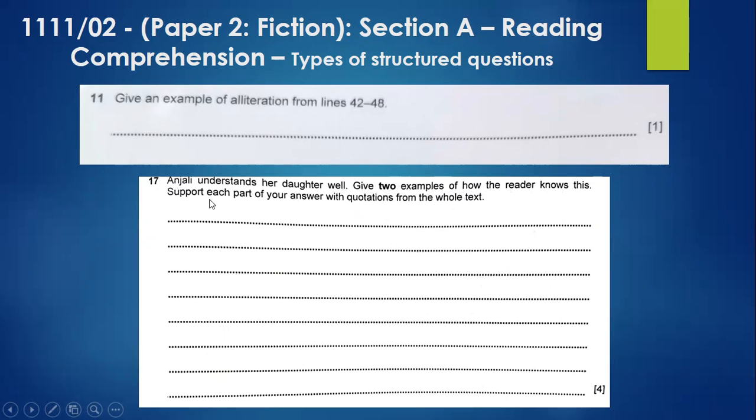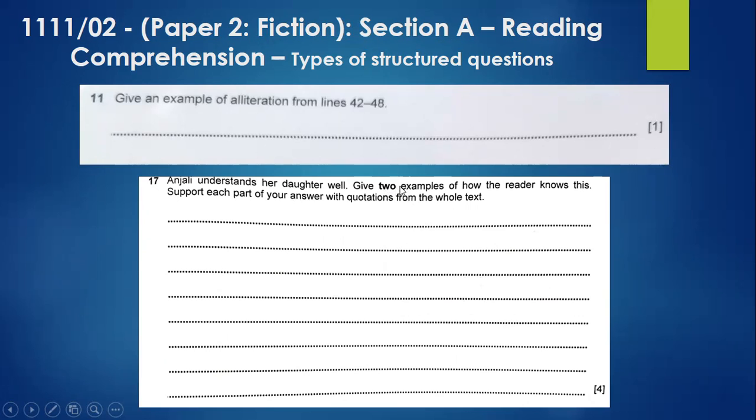And the question also states support each part of your answer with quotation from the text. Therefore, you have to provide 2 examples, and for each of these examples, support it with a quotation from the text. Therefore, you will need to have 4 points here in your answer to allow you to get this full 4 marks.